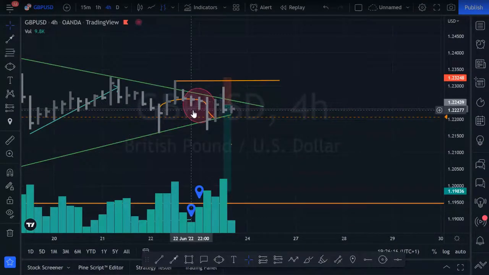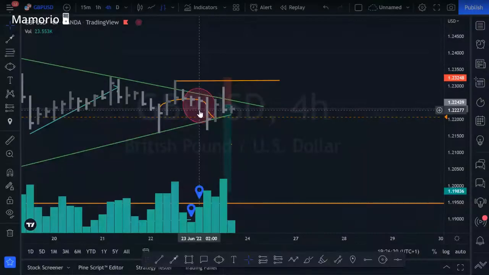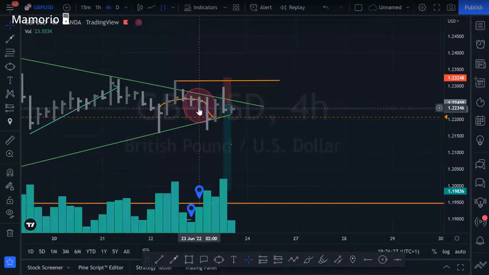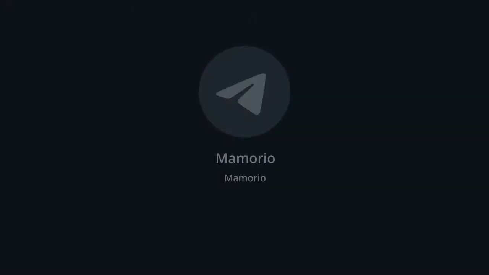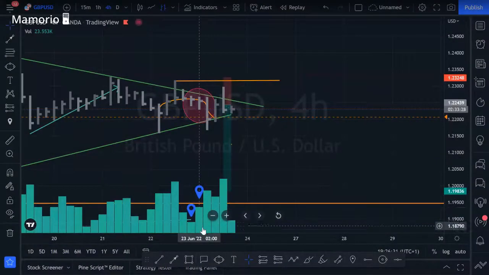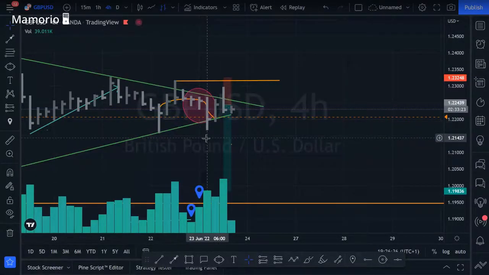Then the next one explains the law of cause and effect, where we have a very short bar and popping volume. The volume to bar ratio is not equal.